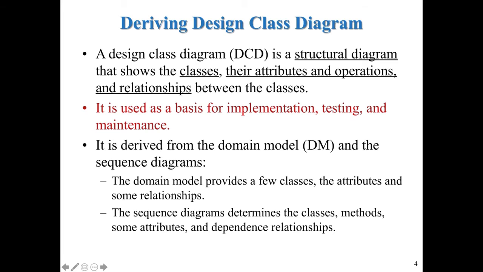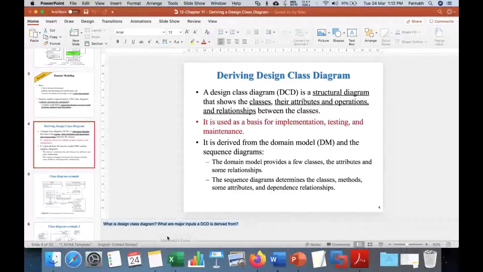Because we didn't know the operations at the start when we were acquiring the requirements. At that time we do not plan for the operations of the objects, the operations of the classes. Why do we need them? We should add something here. What is a design class diagram? Where do we use it?